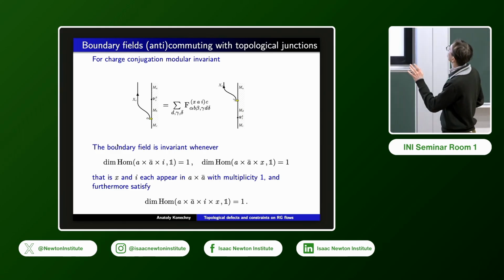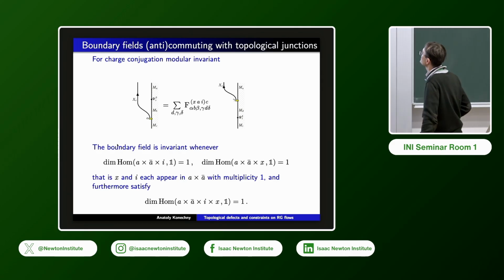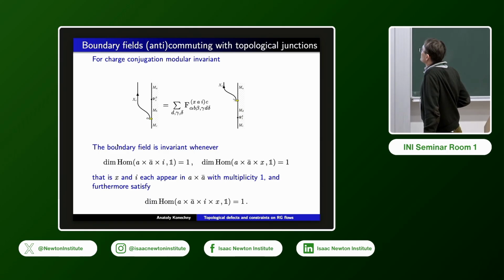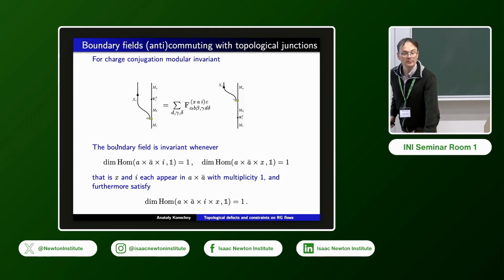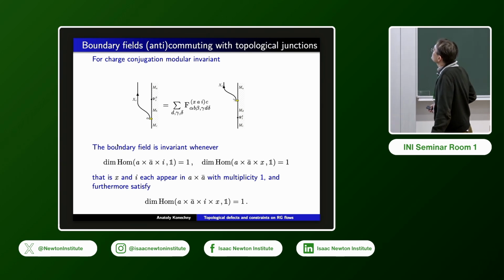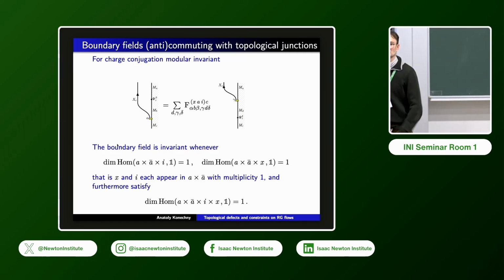Here I'm assuming charge conjugate modular invariant, so all boundaries are Cardy branes labeled by irreducible primary fields. And then I is the representation which corresponds to the boundary field. So I have 3 of them, and then the condition I need looks like this. If this is satisfied, then the TDL passes through and just multiplies it by a number.